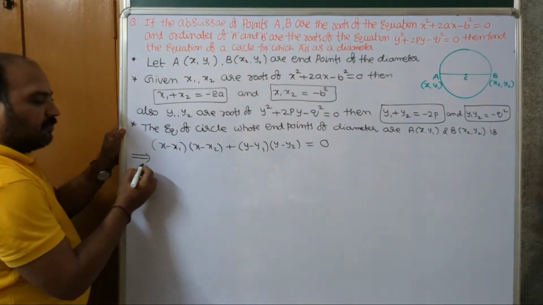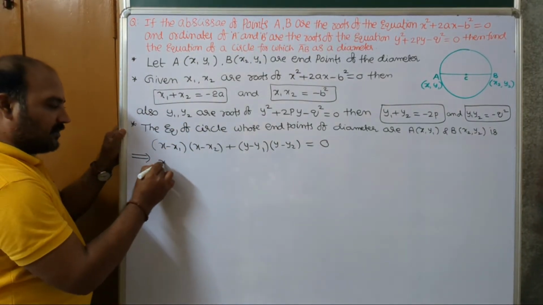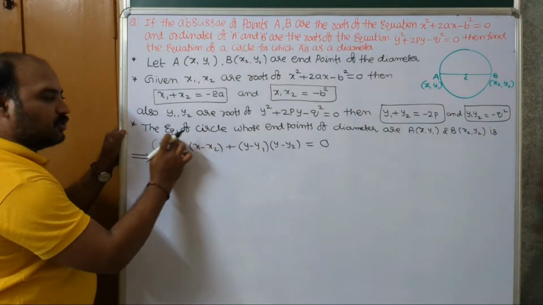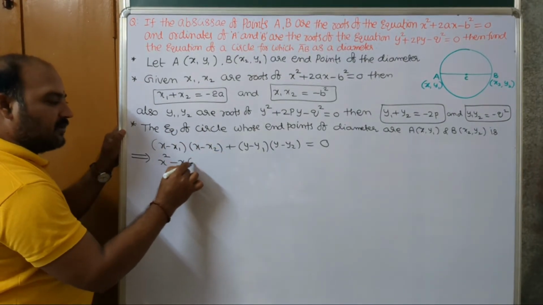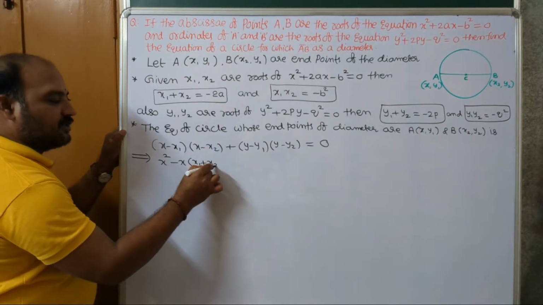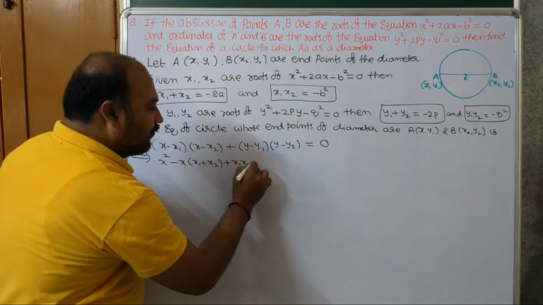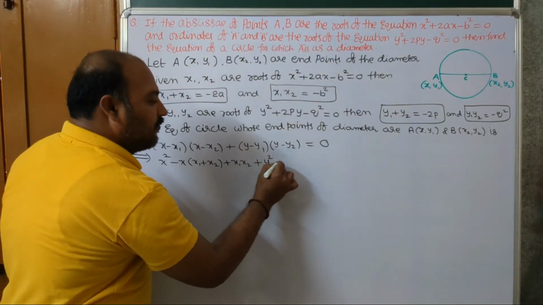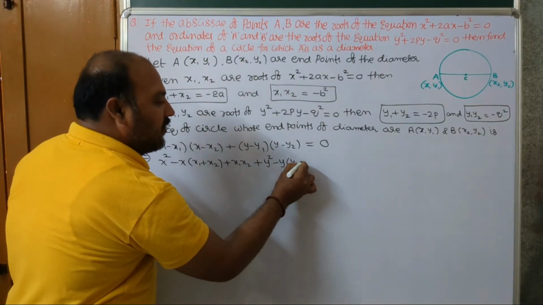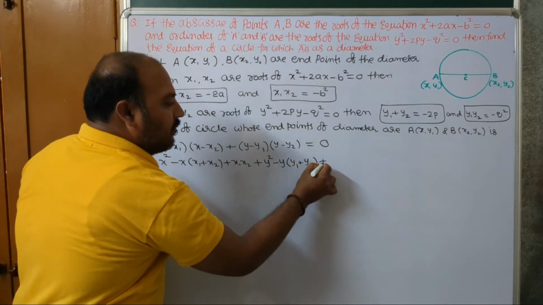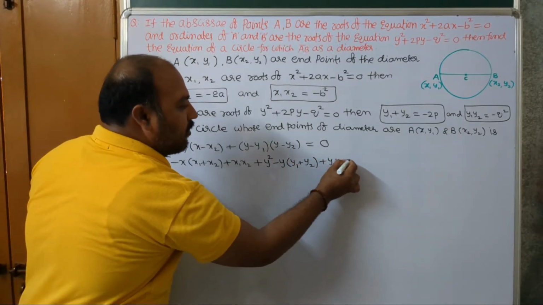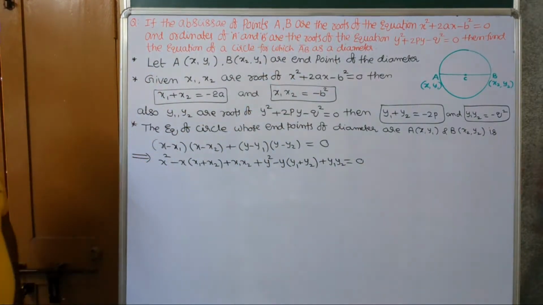So we are simplifying: x square, and from these two terms take x common, minus x into x1 plus x2 plus x1 x2, plus y square minus y into y1 plus y2 plus y1 y2 is equal to 0.